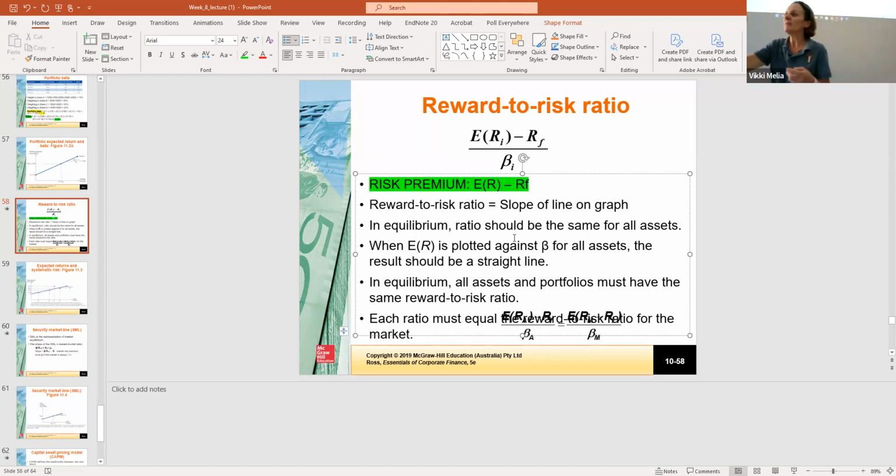As the risk goes up, we want a bigger risk premium to invest in the asset. So on the top, we have the risk premium, and on the bottom, we have beta. As beta goes up, that risk premium needs to go up as well to compensate the investor for bearing a higher risk.